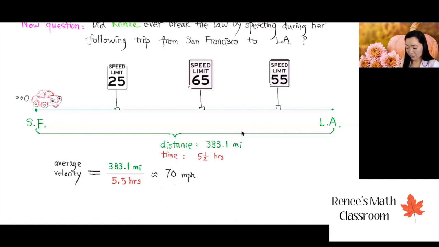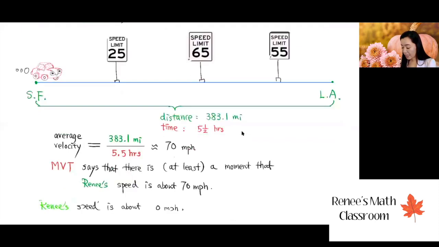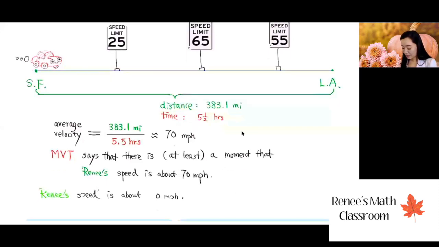The mean value theorem says there is at least a moment that my speed is about 70 miles per hour, which is over the speed limit. So you can prove it using math, like at a crime scene. Okay, you guys got it?